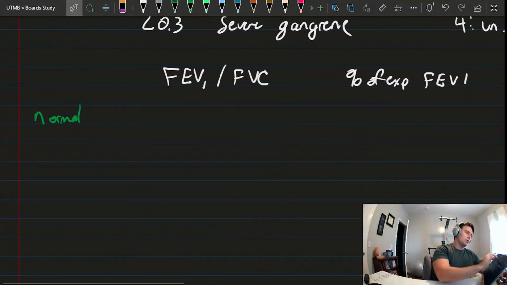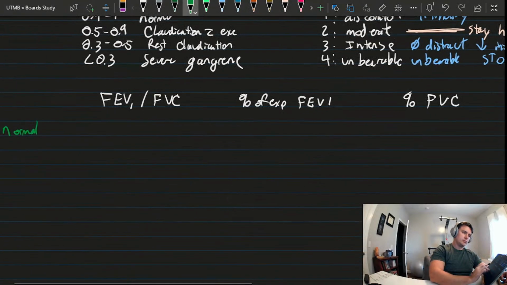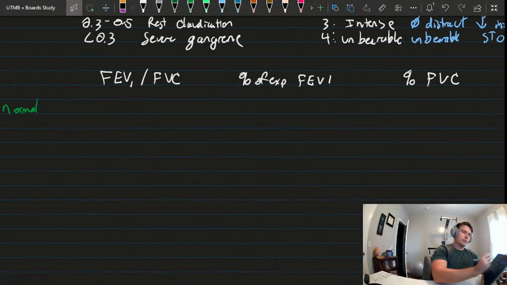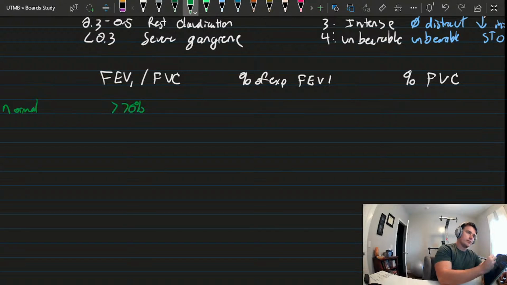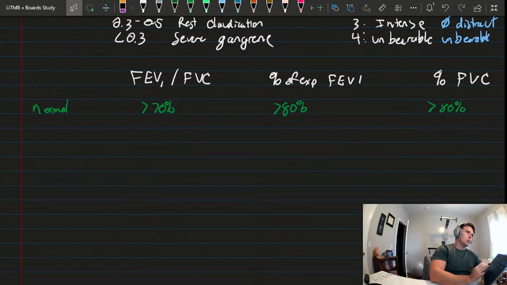So normal is greater than 70%, greater than 80%, greater than 80%. So obstructive means that you cannot get the air out.